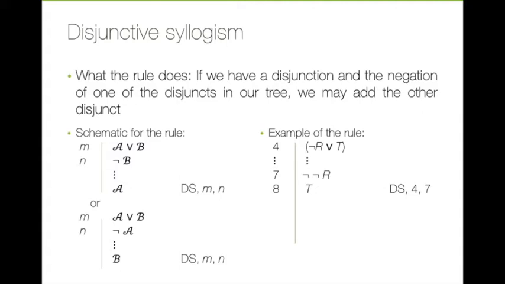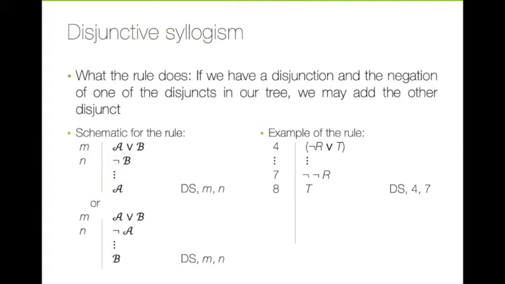And that's justified by disjunctive syllogism lines 4 and 7. Notice that what appears on line 7 is exactly the negation of one of the disjuncts. So in that case, since the first disjunct was already a negated sentence, we needed line 7 to have a double negation. It needed to be the negation of not R.